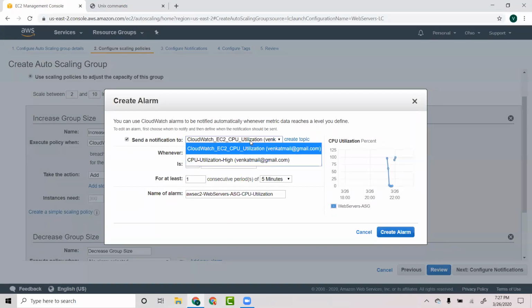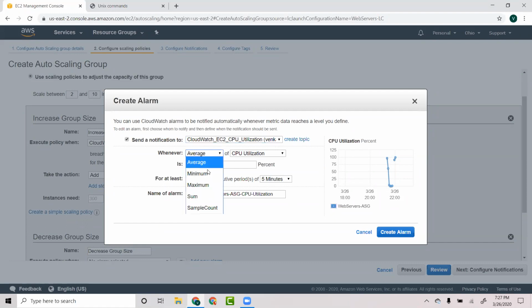Let's send notification to, sure, Venkat mail. This is fine. Maximum of CPU utilization is greater than, let's say, 80% for at least one consecutive period of 5 minutes, or I can say one consecutive period of 1 minute. And name of the alarm, create alarm.